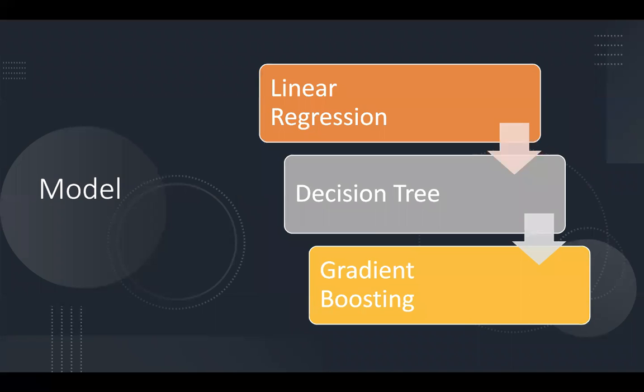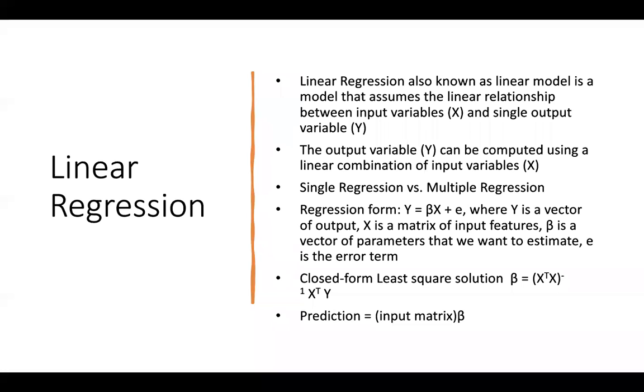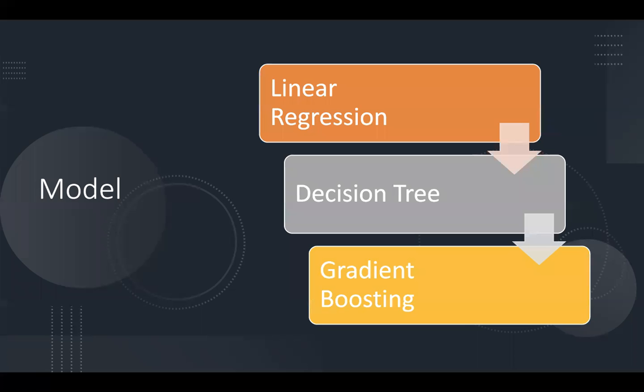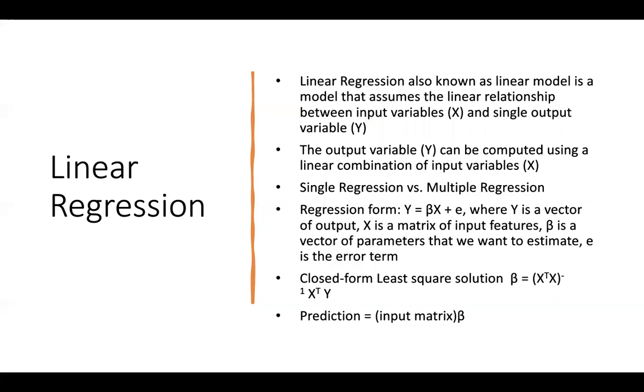Next, we're going to talk about the model decision and how we come up with the model and explaining the model. The three models that we're choosing are linear regression, decision tree, and gradient boosting. First, I'm going to talk about linear regression, which is the one I implemented.